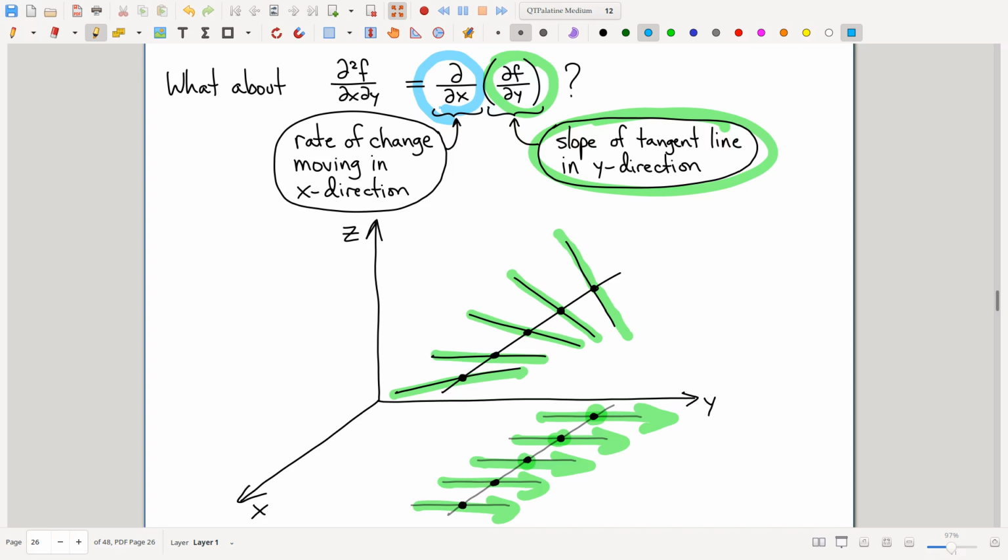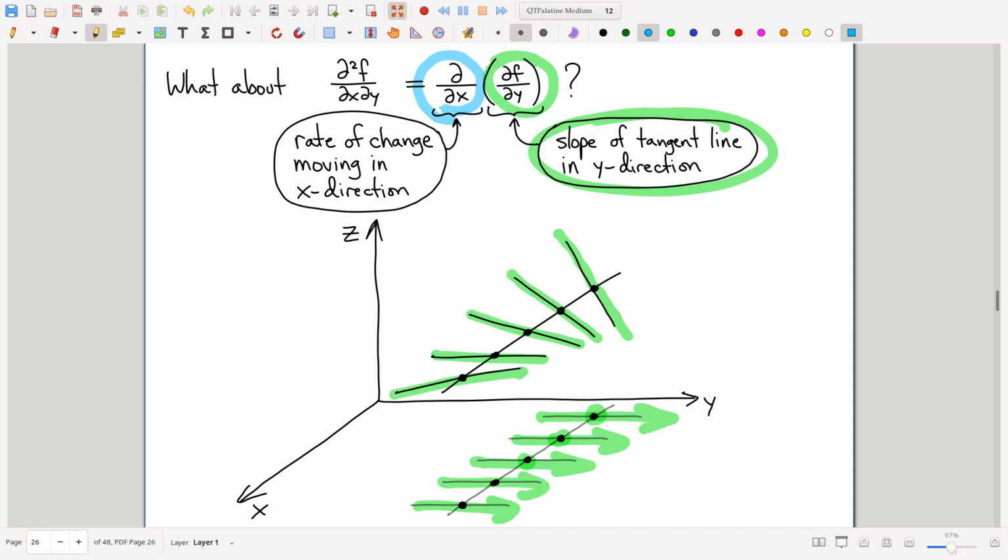Because the x partial means slope in the x direction on the graph of the thing you're looking at the x partial of. And we are not looking at a graph of the y partial of f. We're looking at a graph of f. We do not have a graph of the y partial of f. So I cannot interpret the x partials in terms of slopes. I just can't do it.